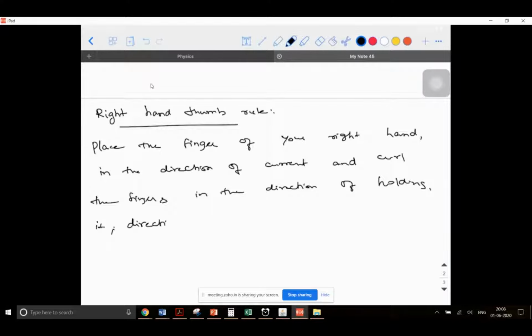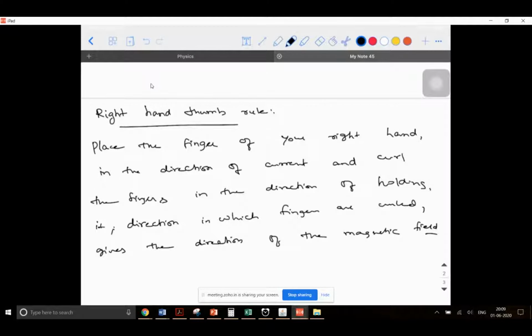Then the direction in which the fingers are curled gives the direction of the magnetic field. Okay, this is what is the right hand thumb rule.